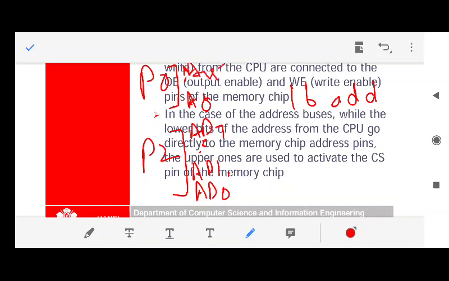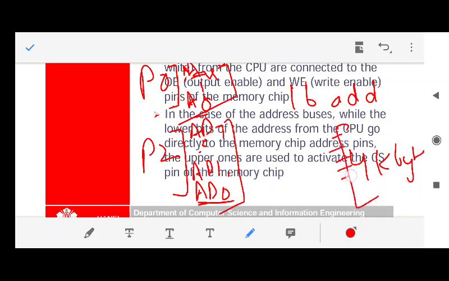How many address lines are there? 16 address lines. You remember how I've written it? It is AD. AD means it can be used as address also, or it can be used for data also. And A8 to A15 means it can be used only for addressing purposes. So it has 16 address lines, 8 from port 2 and 8 from port 0. Now you have a memory of 4 kilobytes. 4 kilobytes means there are 12 address lines. Now how to connect this 8051 to this memory?